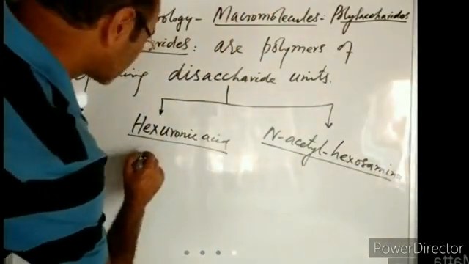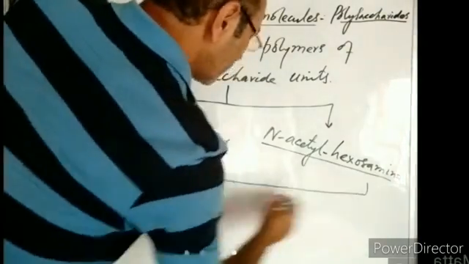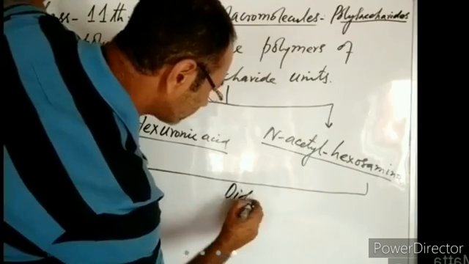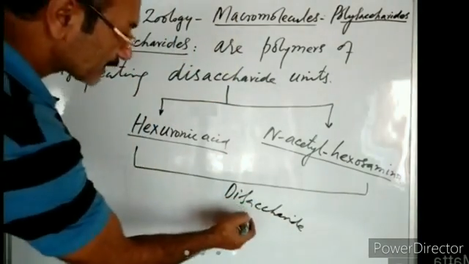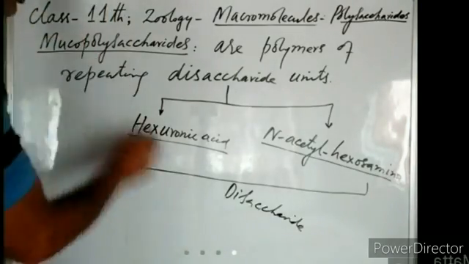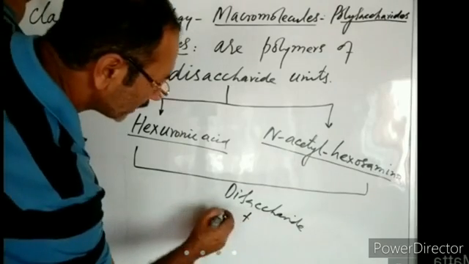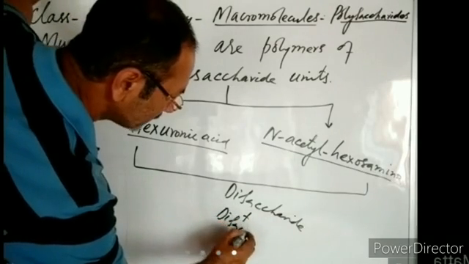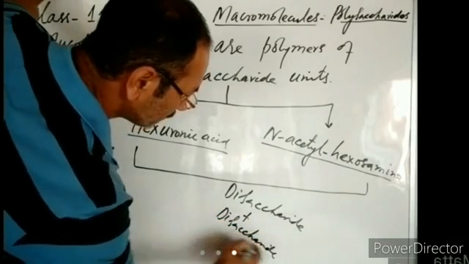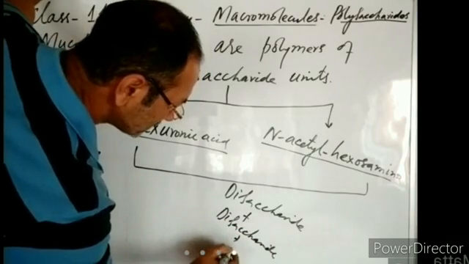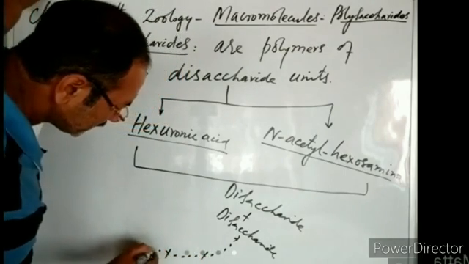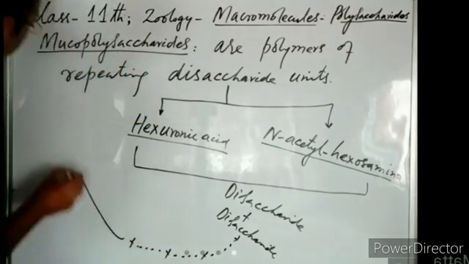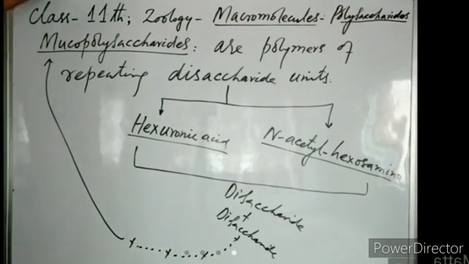These two sugars combine together and form a disaccharide. And many disaccharides combine together to form these mucopolysaccharides. So a disaccharide plus another disaccharide, plus another similar disaccharide, right? When many such disaccharides combine, they form the mucopolysaccharides.